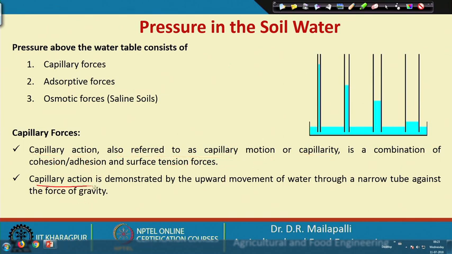The capillary action is demonstrated by the upward movement of water through a narrow tube against the force of gravity. This is an example of how these capillary forces act on different diameters of pipes or glasses. So the lower the diameter, the higher the capillary rise.